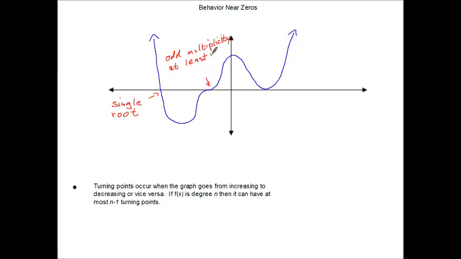And further to the right, we see our curve had contact but bounced off the x-axis, and this is an even multiplicity, and even means at least 2.